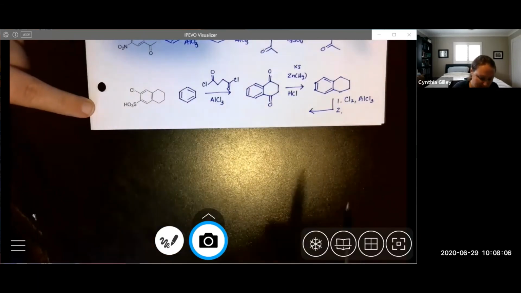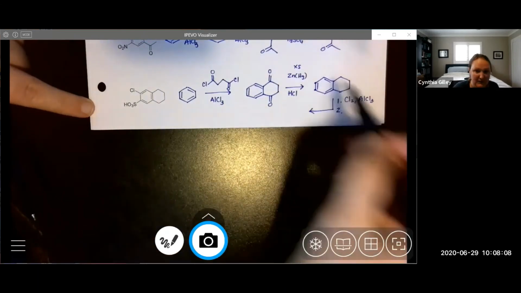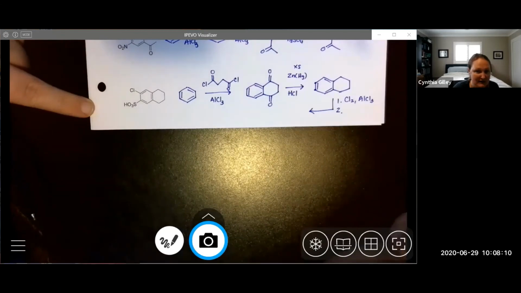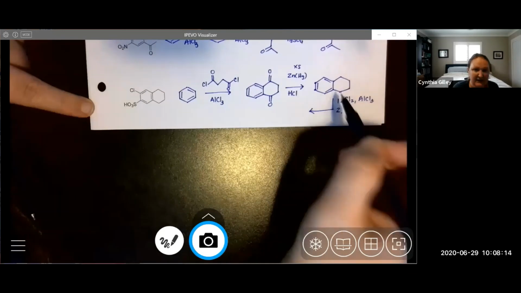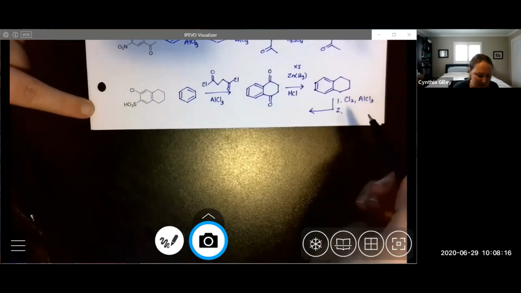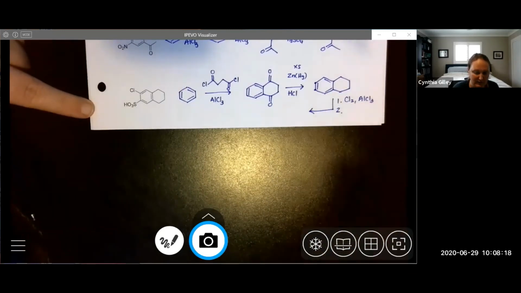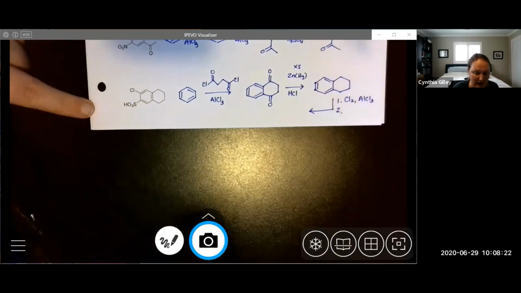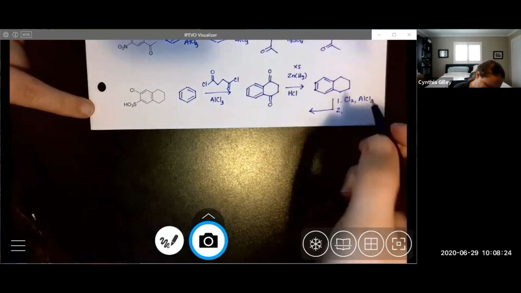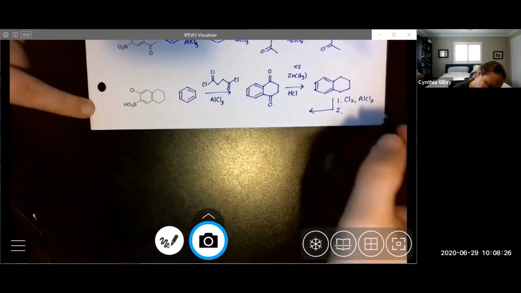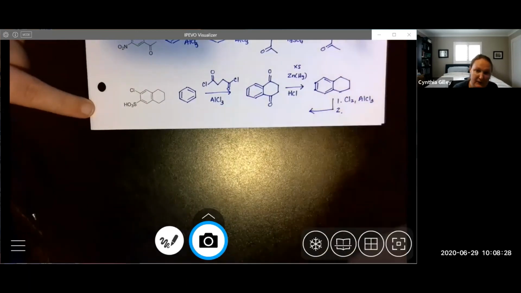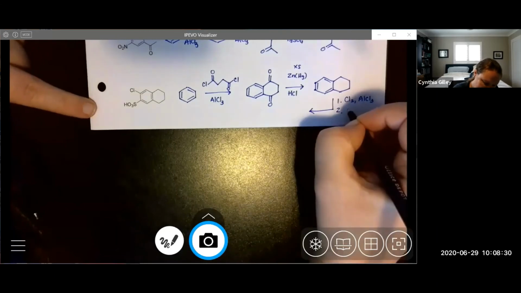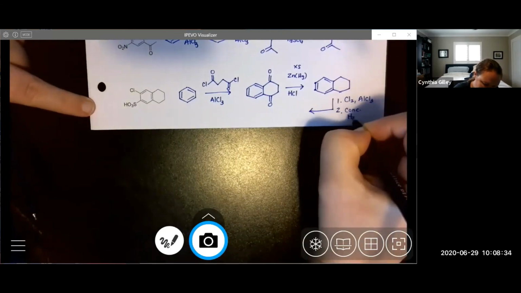So it would be trying to direct it to another position. Now it wouldn't be the strongest activator, right? The strongest activator decides, so it would still produce the product, but it would be in contrast. Whereas if we introduce the chlorine first, everything's directing to the same position, there's no contrast. So I just think it's better. So to introduce the sulfonyl group, we need the fuming or concentrated H2SO4.